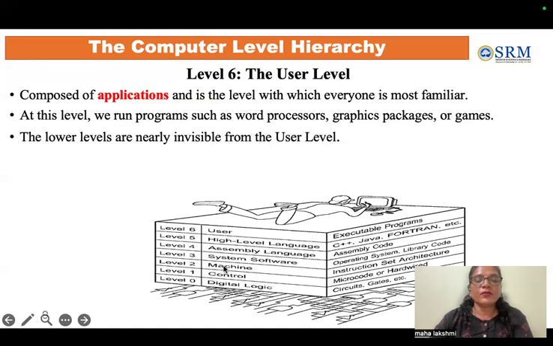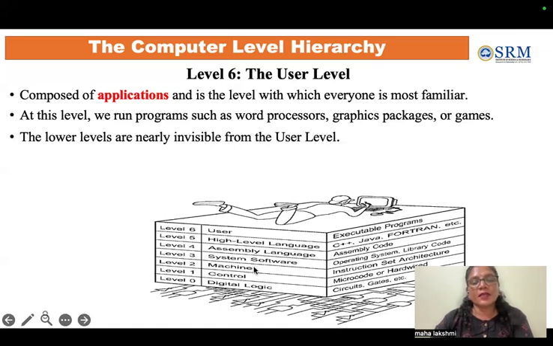Then in level 2, we have machine level codes, which are nothing but the instruction set architecture. Those software instructions are called instruction set architectures. In level 3, we have system software. System software like operating systems, library codes, and all inbuilt libraries is included in level 3. Then in level 4, we have assembly language programs.